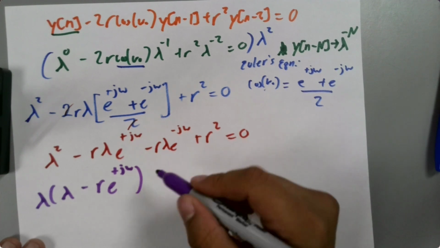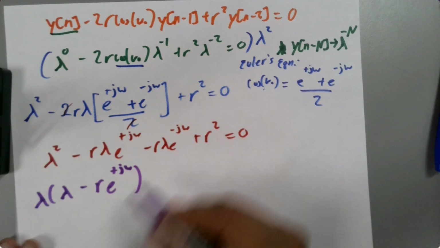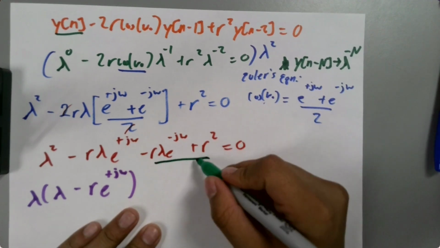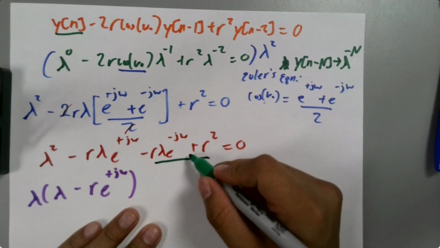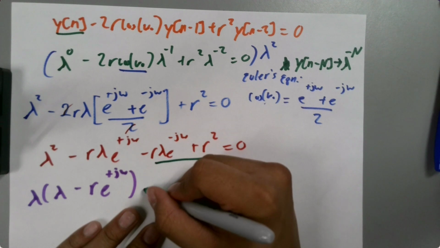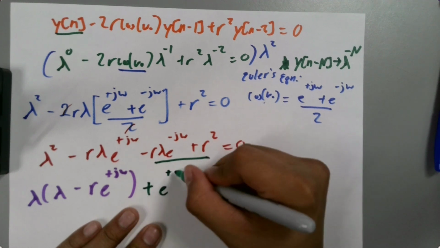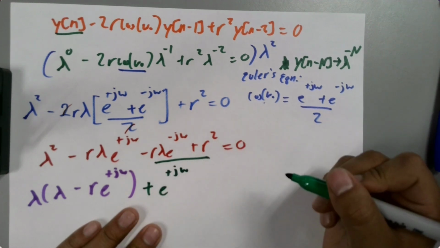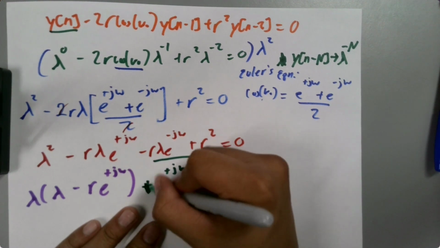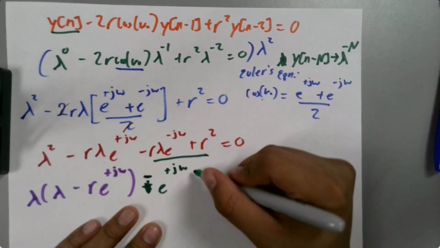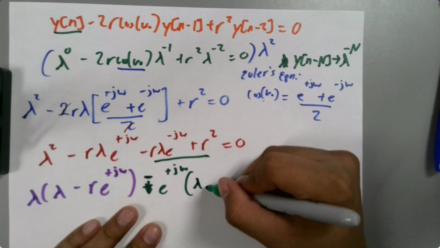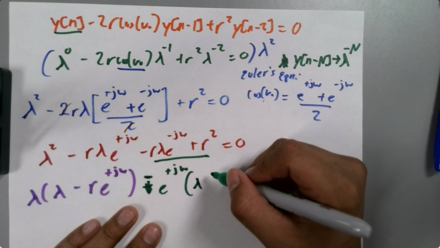What I'm going to do here is pull out, and I'm going to show you guys, hopefully you don't get confused, a positive frequency from here. So I'm going to do plus e to the positive j omega. No. Let's pull out a minus. And I'll show you what I mean. So lambda, hold up.